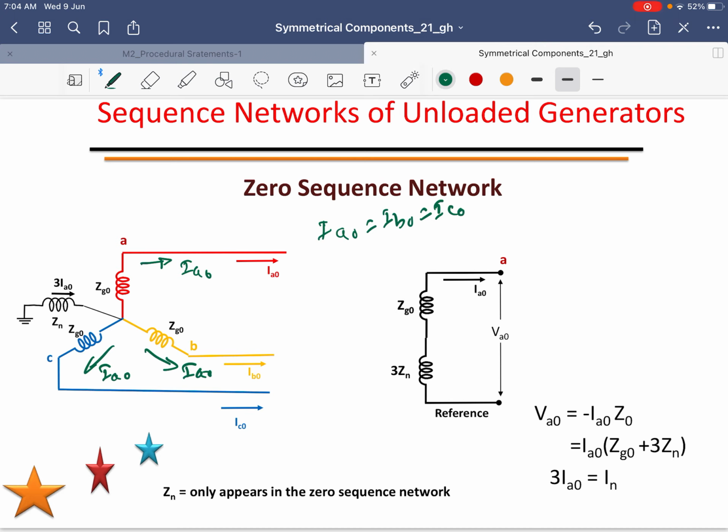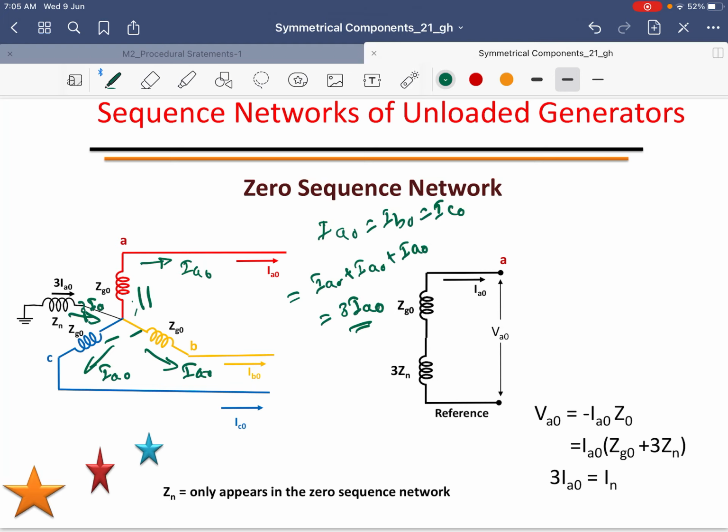Therefore, what is the outgoing current? The total outgoing current is IA naught plus IA naught plus IA naught, that is nothing but 3 times IA naught. Then, if the outgoing current in all the 3 phases is 3 times IA naught, what should be the incoming current?